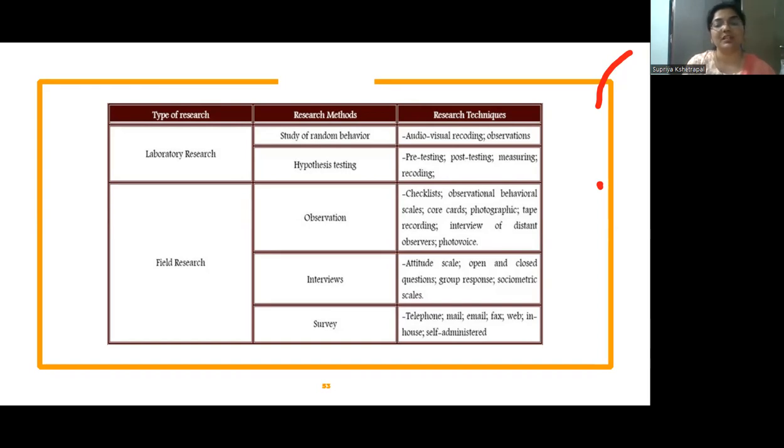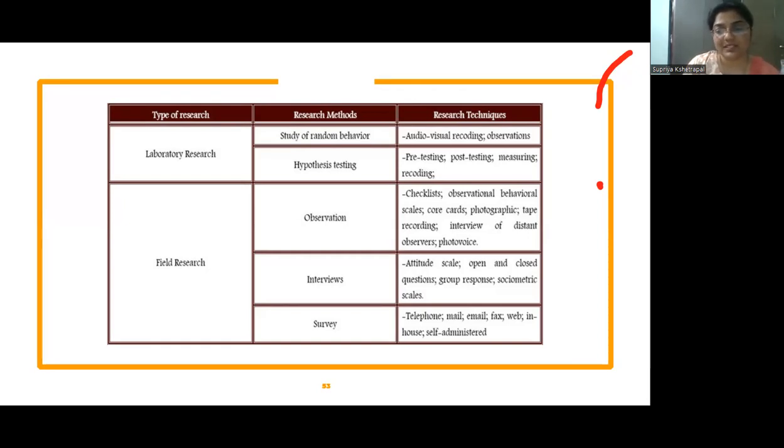So these are the open and closed questions, group responses. Sociometric scales are the techniques where a social group is involved. Then survey: either you can do a telephonic survey, mail survey, email, fax, or web.